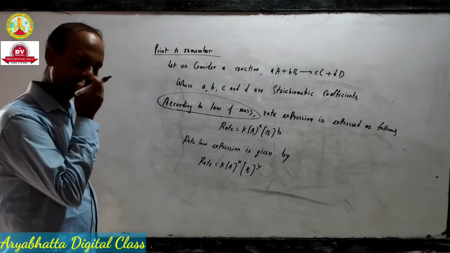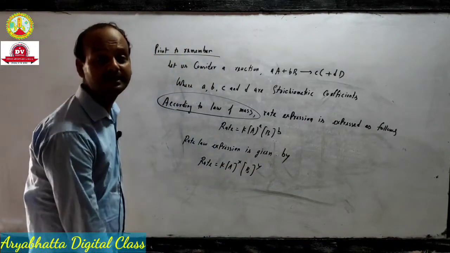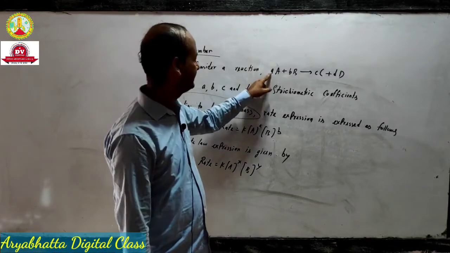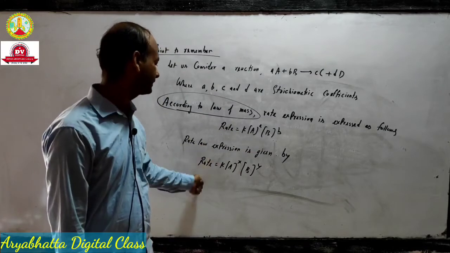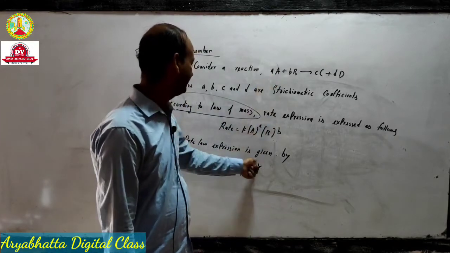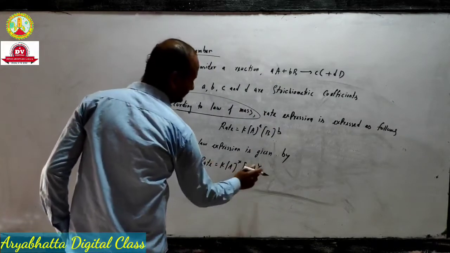Let's see, these x and y are experimentally determined values. These are not the coefficients, so don't write them here. The coefficients come in law of mass action, but in the rate law expression don't directly write them. These are experimentally determined values.